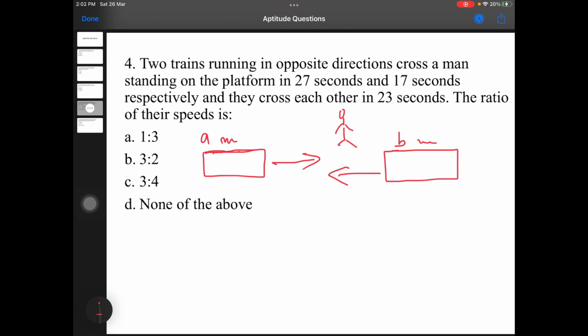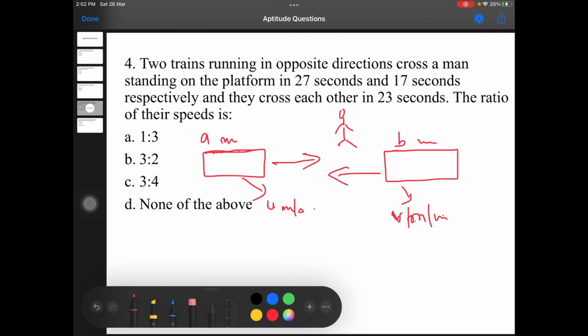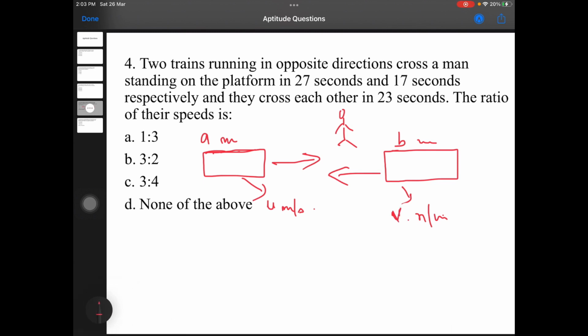So if any two trains of length a meter and b meter, and this train travels at the speed of u meter per second, and this train travels at the speed of v meter per second.